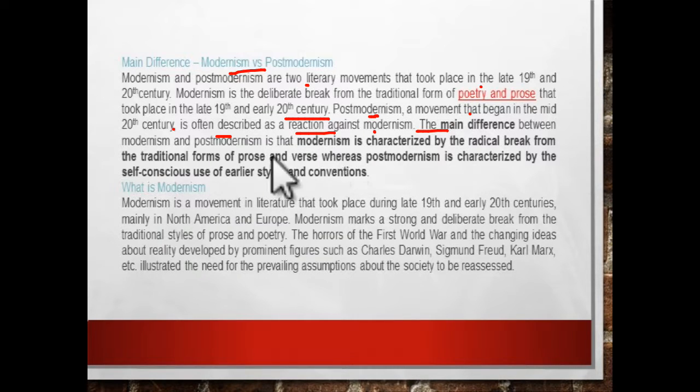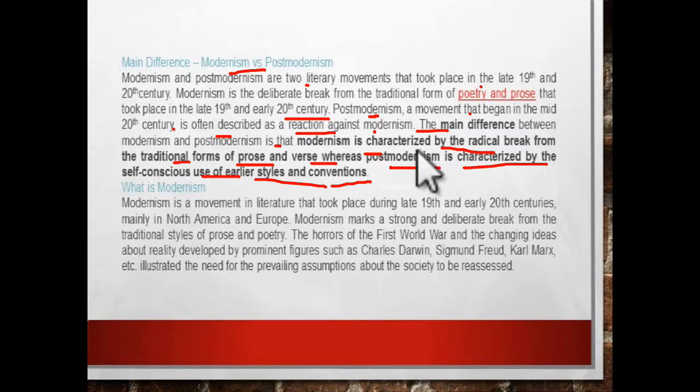The main difference is that modernism is characterized by the radical break from the traditional forms of prose and verse, whereas postmodernism is characterized by self-consciousness and the use of earlier styles and conventions.